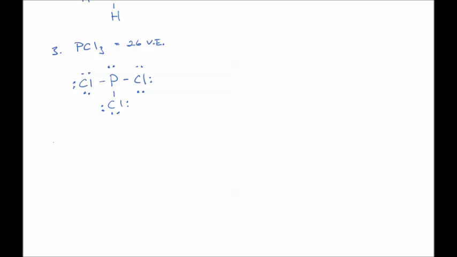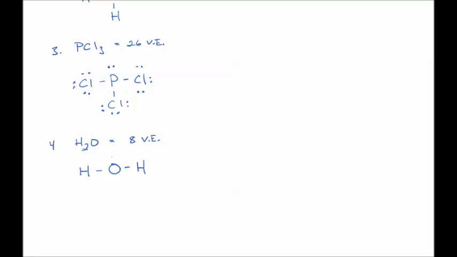The fourth one is water, H2O. Water is unique, water is different, but we still start with valence electrons. Each H has 1, oxygen has 6, so there's 8 valence electrons. Here, oxygen is in the middle with an H on both sides. Each dash counts for 2 electrons, so that takes care of 4.